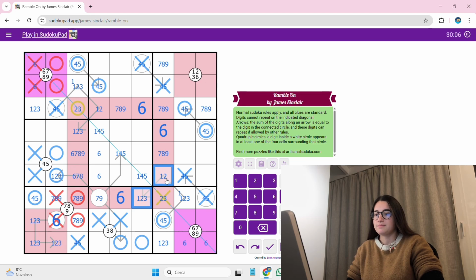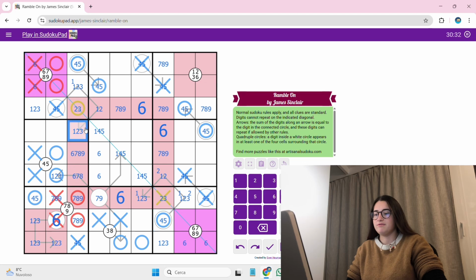Okay, so let's say this being a 1, so I think, yeah, how do I explain this? This being a 1 and this being a 2 requires this to be a 3. Sorry, not a 3, a 2.